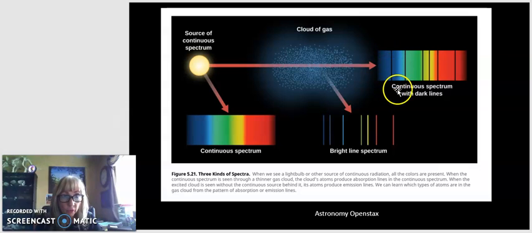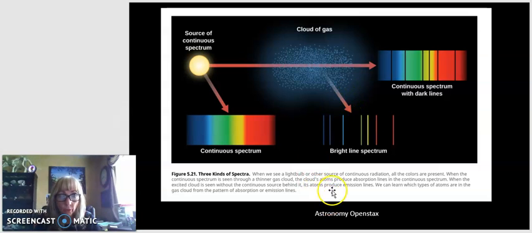Absorbing, sucking up, swallowing, however you want to think of it, it soaks up that photon energy. Now remember, each wavelength has its own energy. So if it soaks it up, then it is missing from the spectra where that photon got absorbed. So this is an absorption spectra.